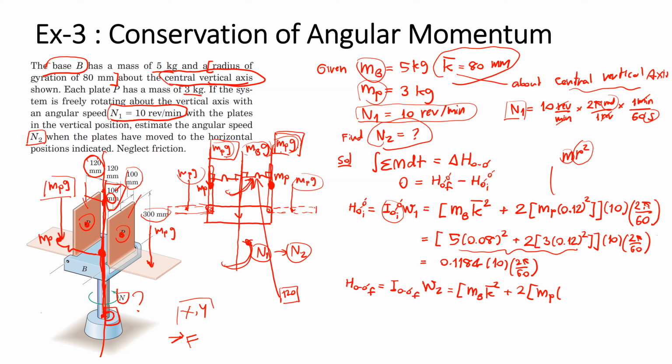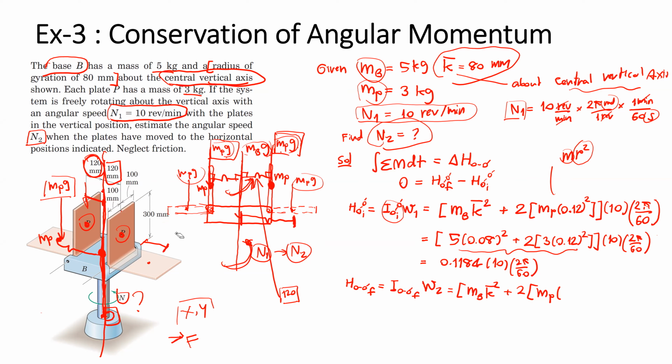In the initial case, the distance will be 120. But in the second case, after it changed, the distance will be this distance, which means you need to have 120 plus this distance.